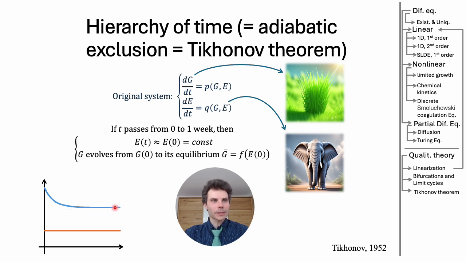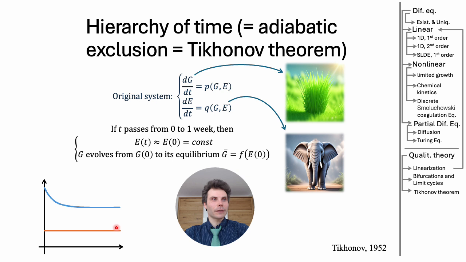What is the stationary state of grass in this situation when we assume the elephants to be constant? The stationary state is a certain function of the number of elephants. Might there be more elephants originally? The stationary state of grass would be lower.